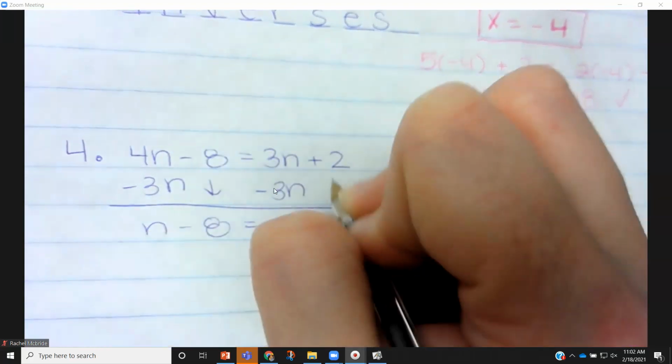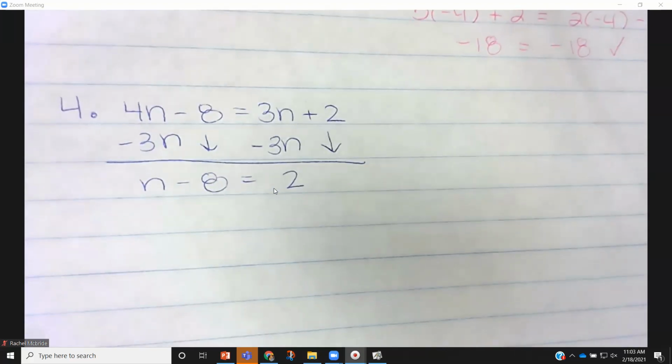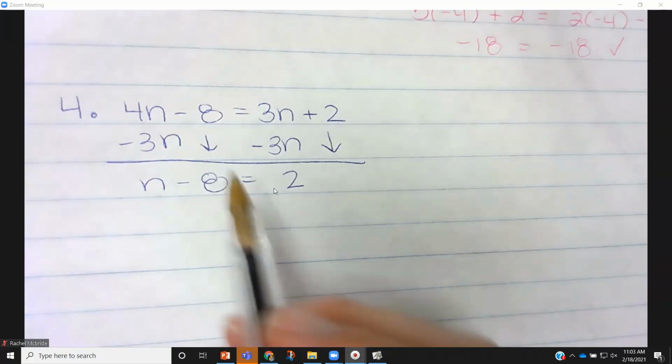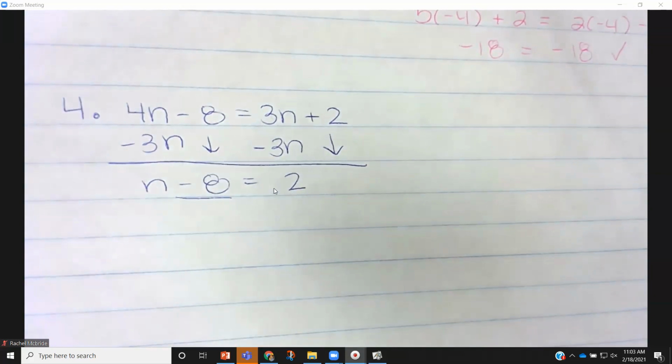Okay, Nick, so that leaves your last decision. I got n minus 8 equals 2. How do I get n alone? Okay, so 8's currently being subtracted. So the additive inverse of subtraction is what? What's the inverse of subtract?